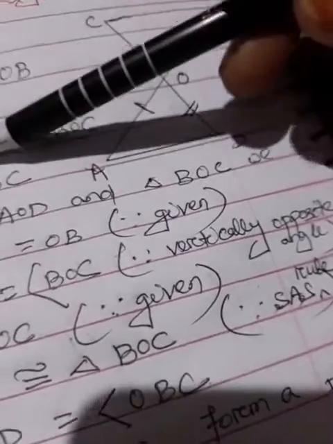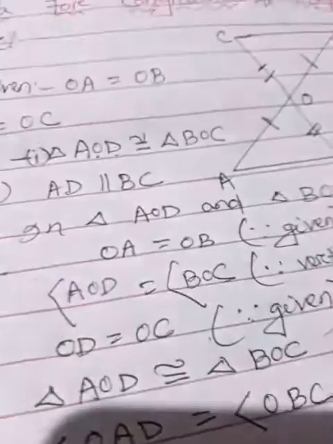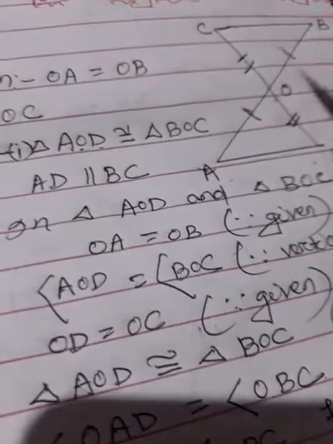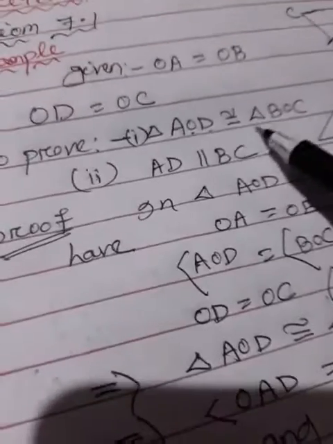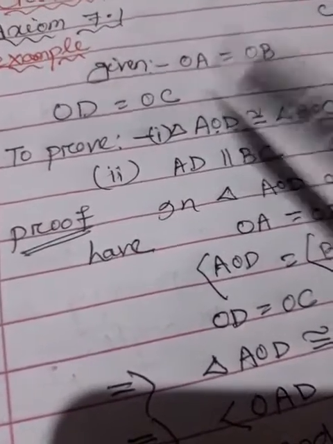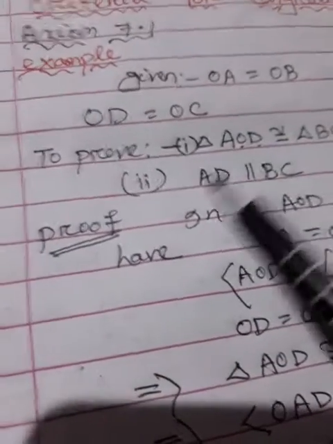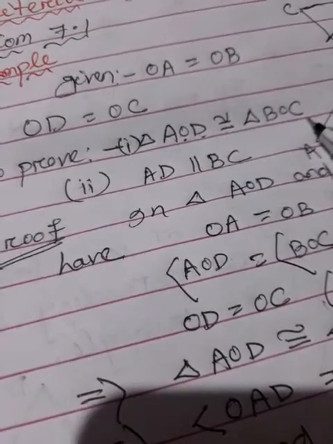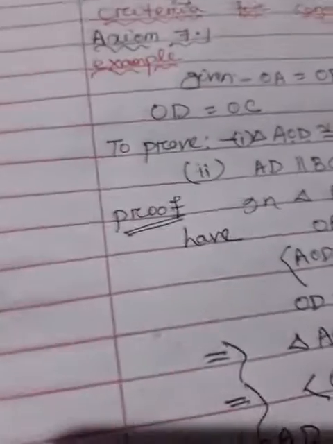To prove triangle AOD congruent to triangle BOC. First we write given OA is equal to OB, OD is equal to OC. To prove triangle AOD congruent to triangle BOC and AD parallel to BC.